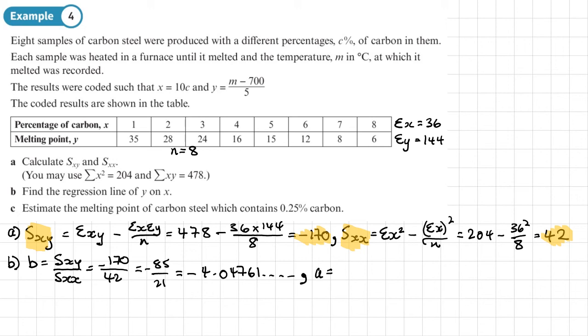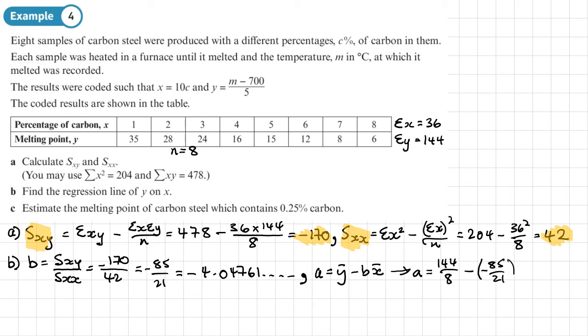And now we'll calculate A. So A is going to be the mean of Y minus B times the mean of X. The mean of Y is just the sum of Y over N, so it's 144 over 8, minus B. Now I want to use the exact value for B, so I could either use the fraction button, or I can use this negative 85 over 21. It's handy when you've got things as fractions, because you can just put them in like that.